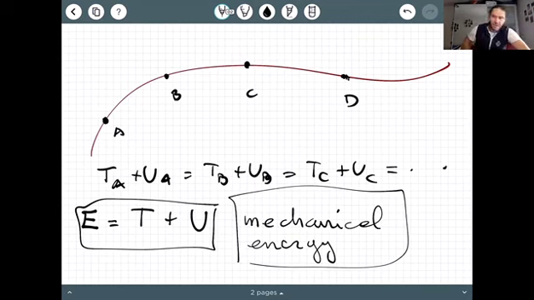And this quantity is actually conserved. By conserved, we mean it doesn't change along the trajectory of my particle.